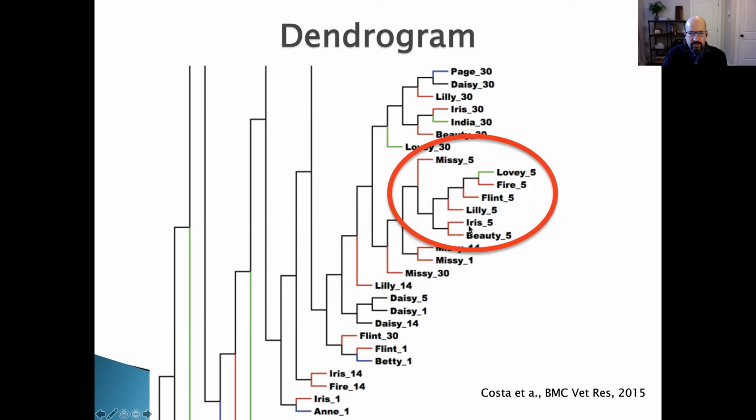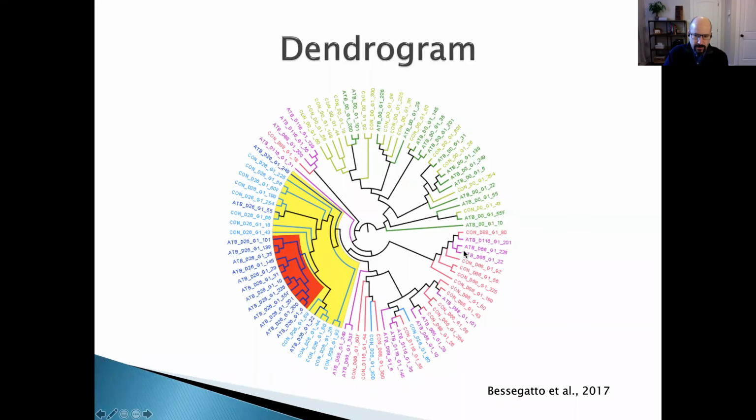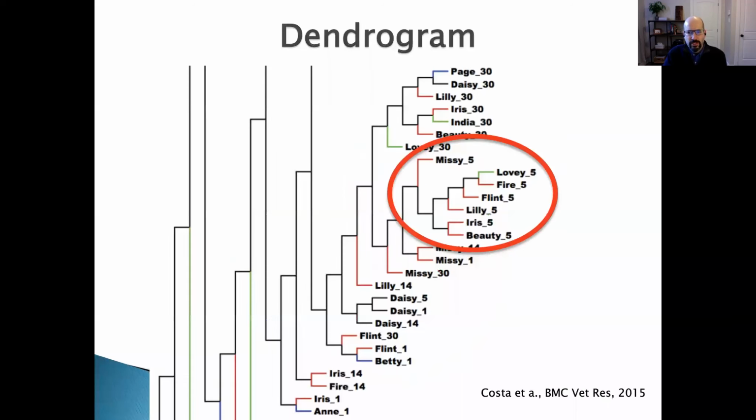And this is very interesting because looking at this data, you can see that the bacteria from Missy didn't change much from day 1 to day 30. All of the samples collected from Missy are within this branch here. So day 1, day 14, day 30, they are all within this branch.